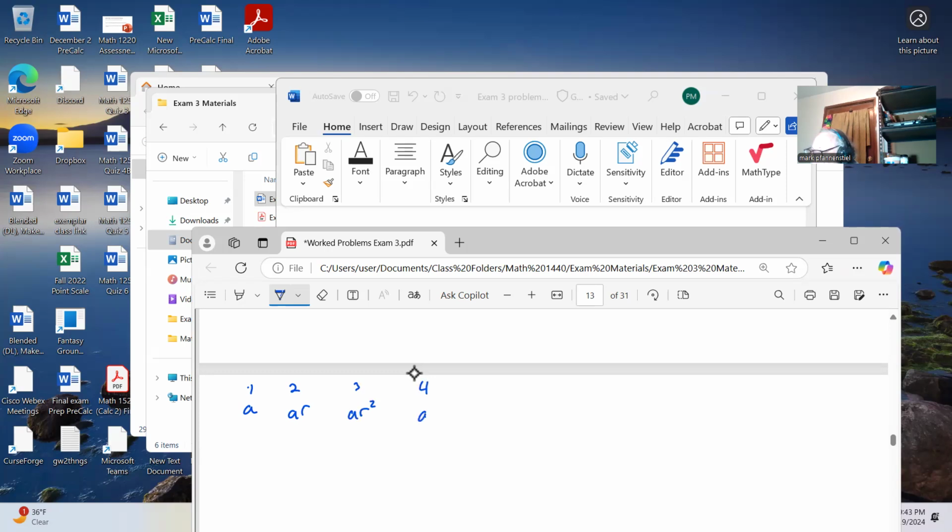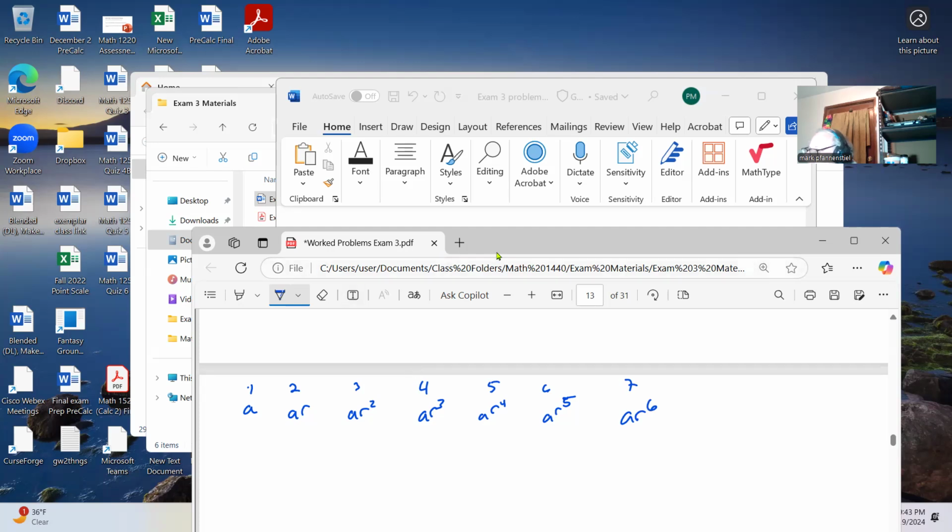Year four, a times three quarters cubed. Year five, ar to the fourth. Year six, ar to the fifth. And then year seven, it was ar to the sixth.